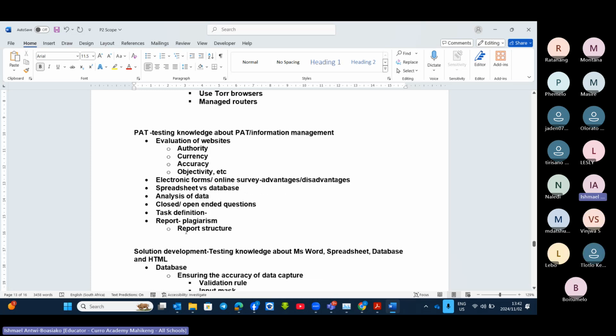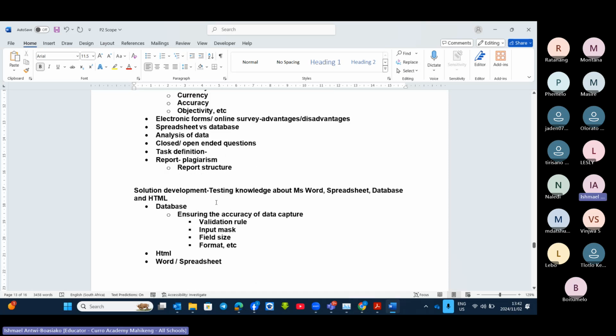Then report writing, plagiarism, and then the report structure, the citations and all those things, they can ask you questions like that also. So basically, the information management will be centered around the PET. So you have to go through the steps, even your PET document, go through how to do them, then you'll be able to answer such questions.